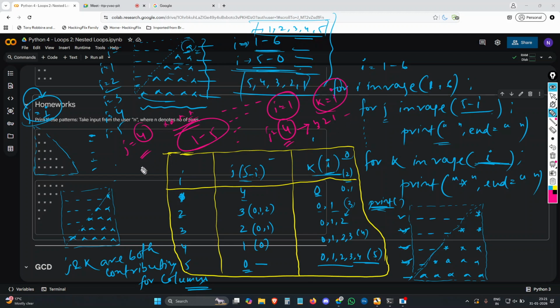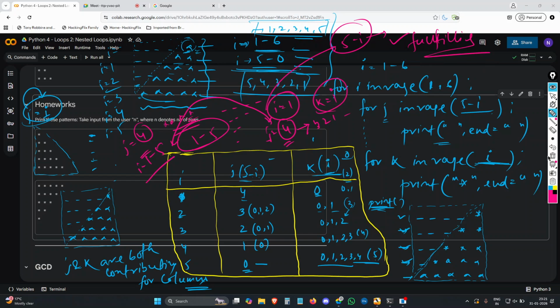And I can see that my I is increasing from 1 to 5. So if I can relate J and I in a way that if I decrease the I somehow, I might get my J. That's why I came up with 5 minus I, and 5 minus I was fulfilling my requirement.